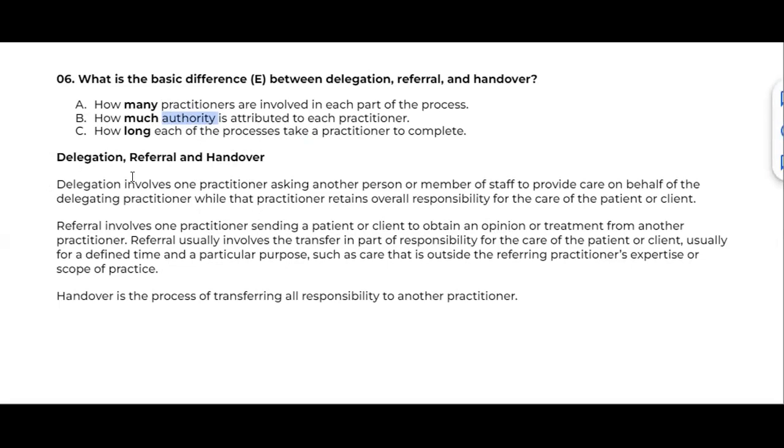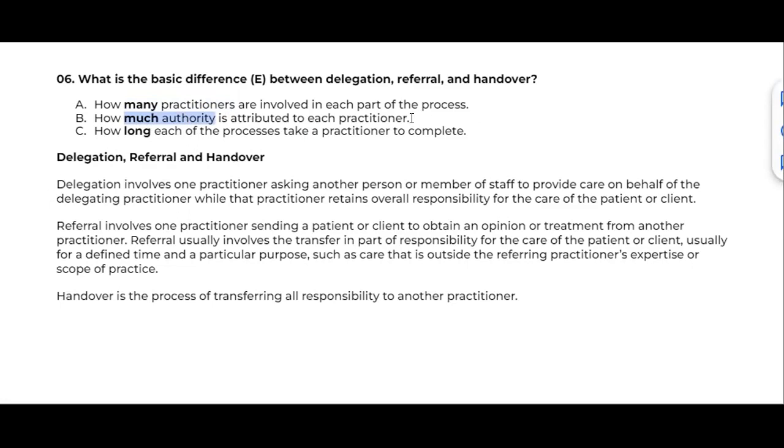All you have to do is read this, try to understand, and then check whether the number of practitioners is different in each of these: delegation, referral, and handover. Or you see whether the authority type is mentioned. Some people have high authority, low authority, less authority.